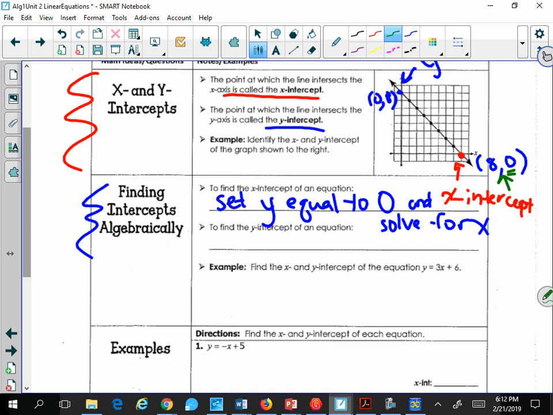And then similar to that, in order to find the y-intercept of an equation, I'm going to set my x equal to 0 and solve for y.